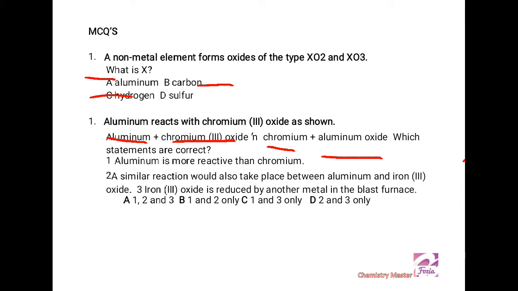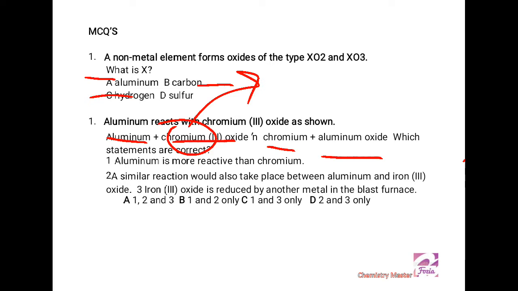As you all know, aluminium is higher in reactivity as compared to chromium, because in the reactivity series, aluminium is coming above chromium and iron and many metals. So aluminium can replace the chromium out of its oxide just because of its high reactivity.